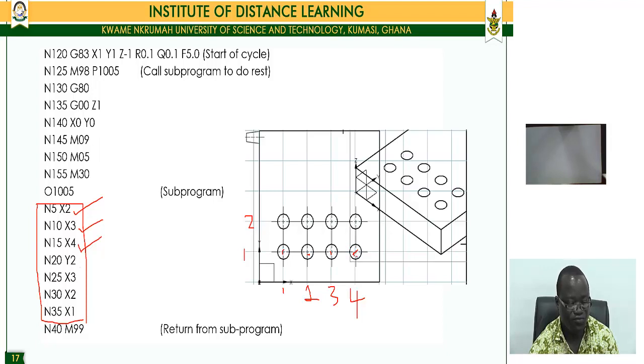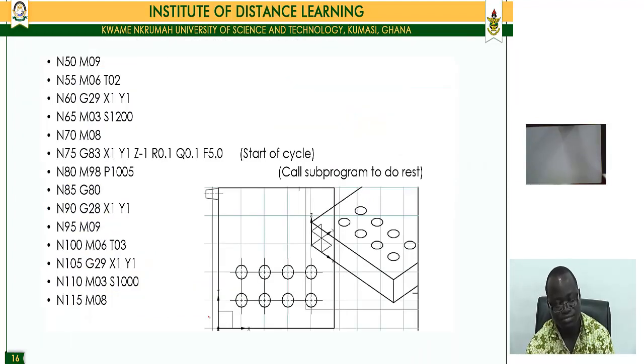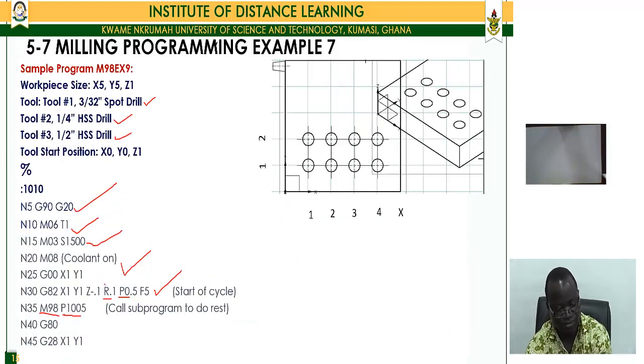Move on to X4, which is that, and move on to Y2. So at this position it will move to Y2, still using the G82 command from earlier on. So it will still use this G82 command to do that cycle and then complete.